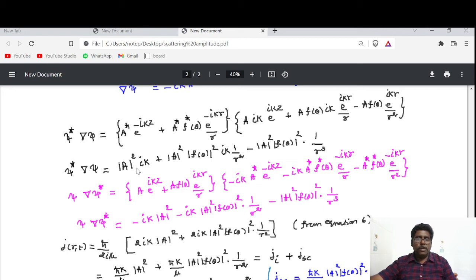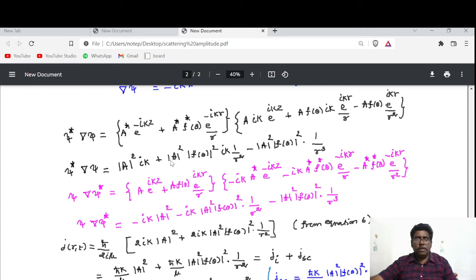Absolute square of a ik minus of this term, so minus and minus plus, so 2 times ik absolute square of a. We are in the position to subtract the value of psi into grad psi star from psi star grad psi. So this term minus of this term, minus to minus plus, so 2 times ik into absolute square of a.